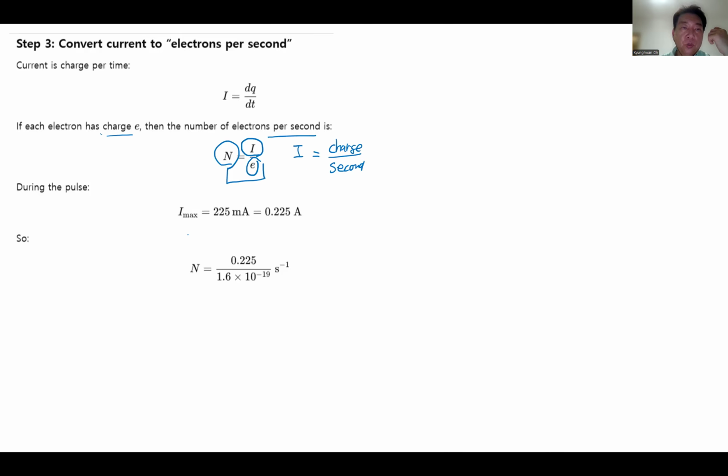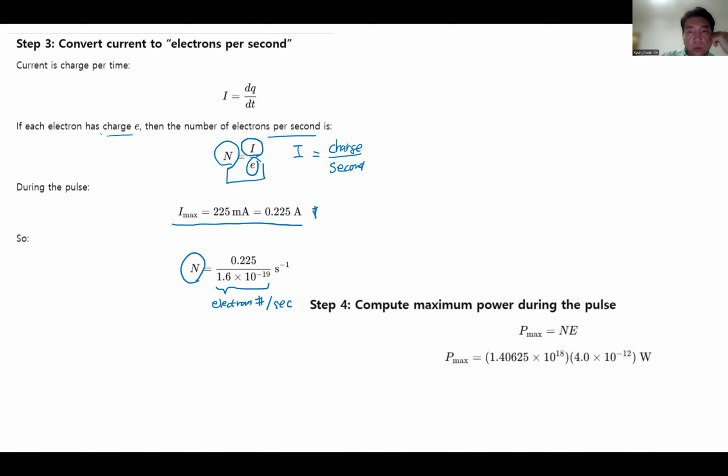So during the pulse, we have Imax as this current, and if you divide it by our electron charge, then that is the n, electron numbers per second. And then we have all the information available.